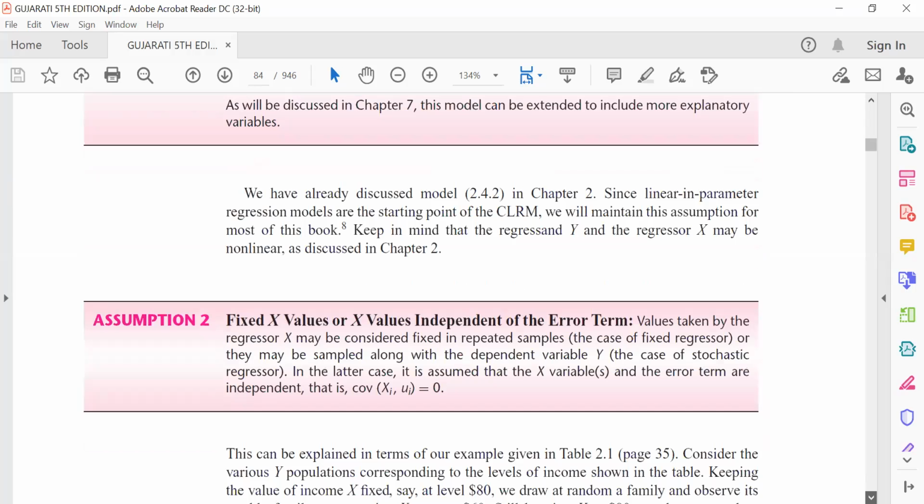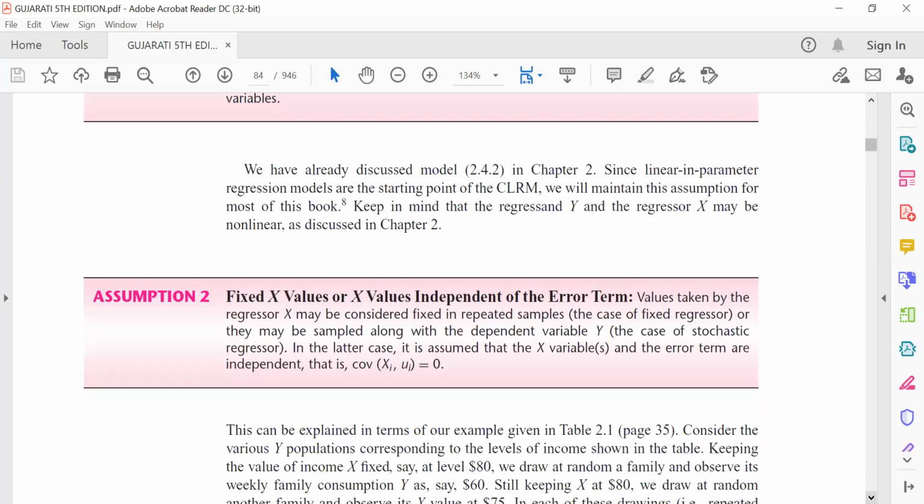The second one is fixed x values, or x values independent of error terms. This is a very important assumption in the classical linear regression model. If there is a violation of this assumption, the OLS model is not valid, so we have to run our model with, for example, a system of equations.